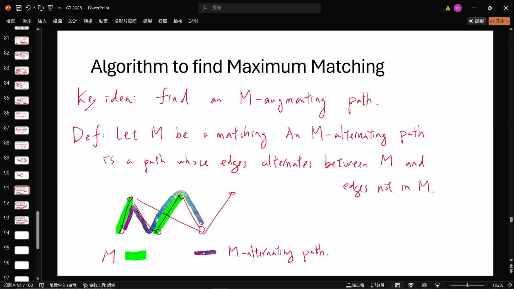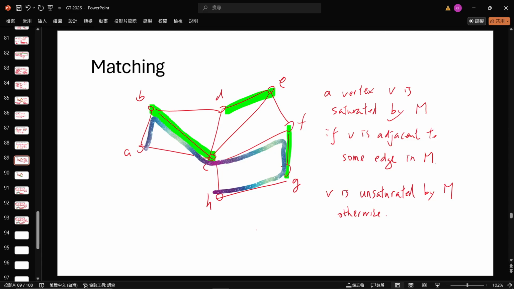So I hope that you get the idea or the rationale behind M augmenting path. The reason that we want these two endpoints to be unsaturated is that we want to find a larger matching. In some sense, we want to increase the number of vertices that can be saturated by the matching.